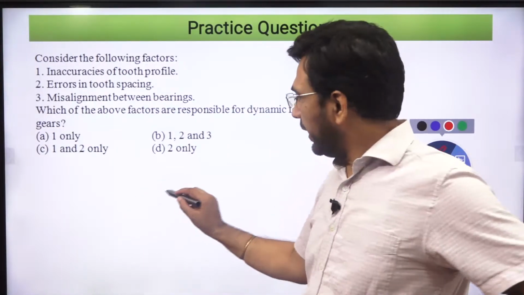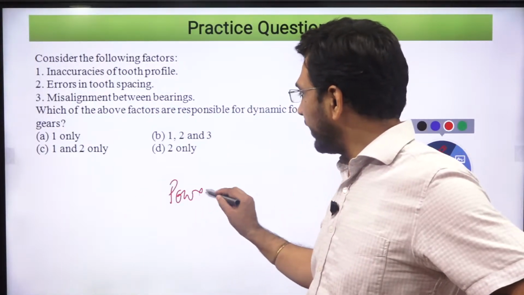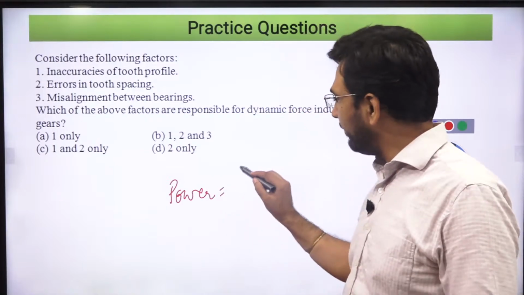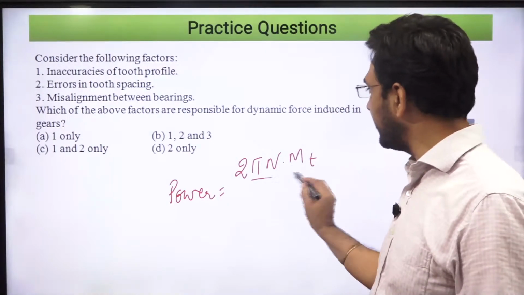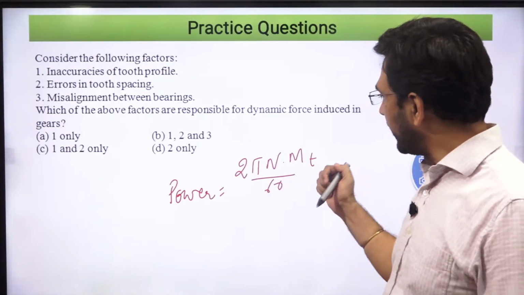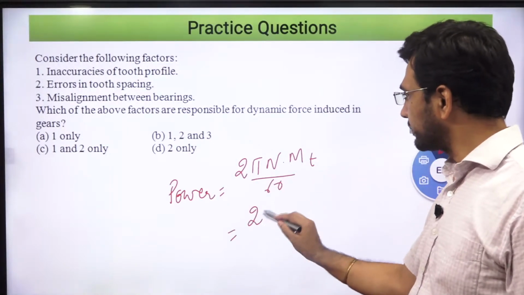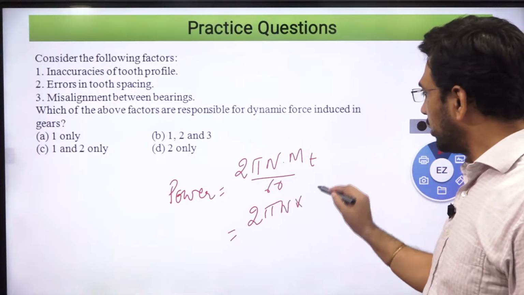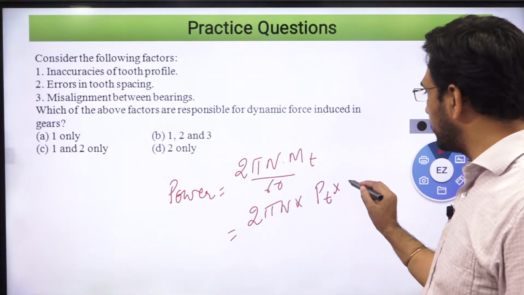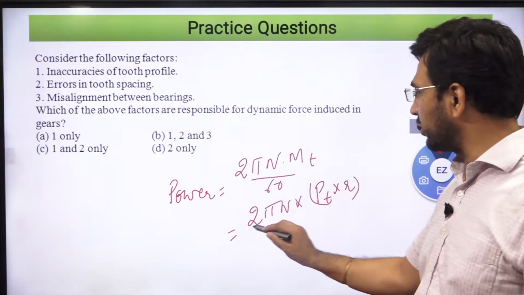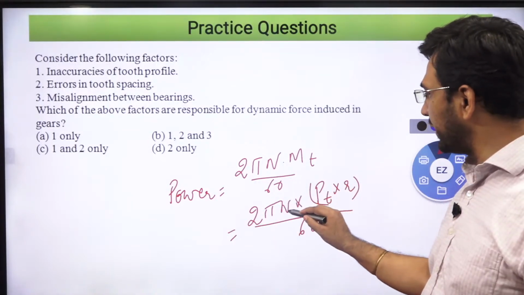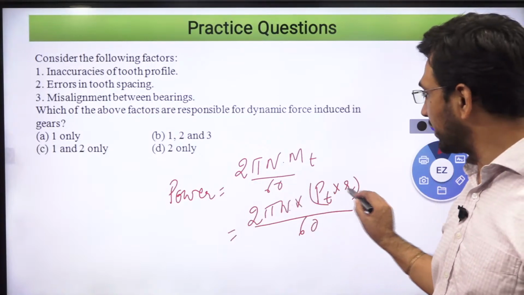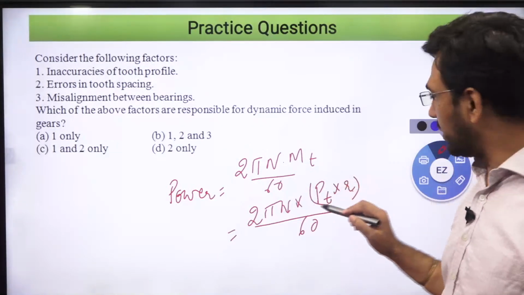While transmitting power, we have power equals 2 pi N T divided by 60, in units. And what is torque? Torque is the tangential tooth load into the radius of that particular pinion or gear. If this is the pinion, with the speed of the pinion, then this is the radius of the pinion; if this is the gear, then this is the gear. That is up to you.